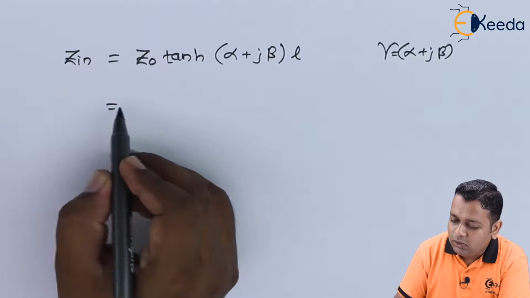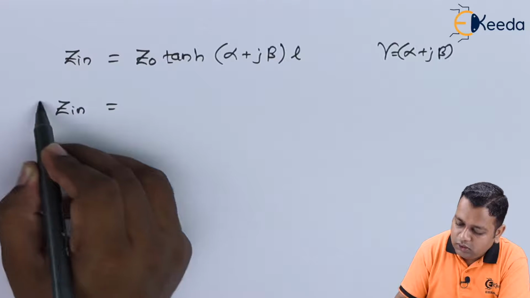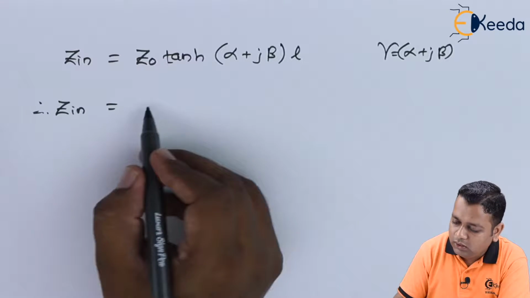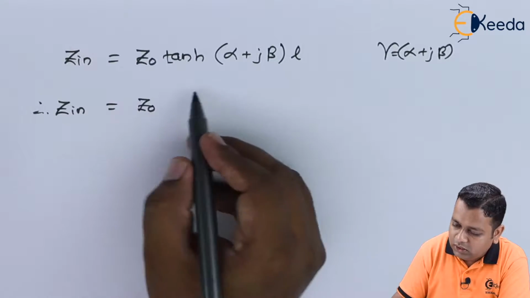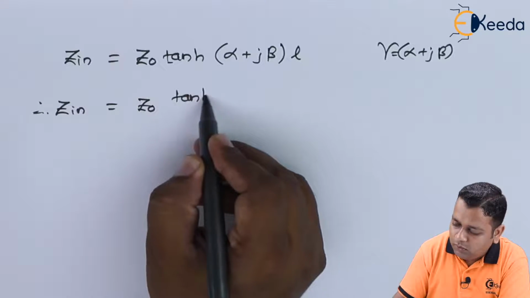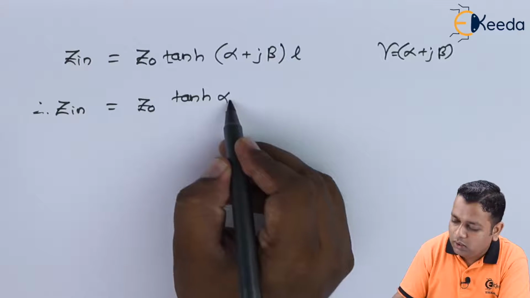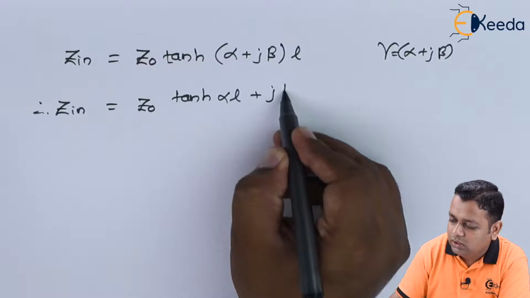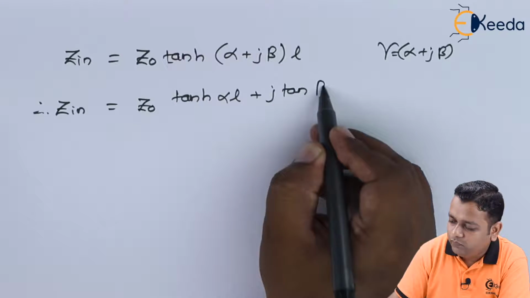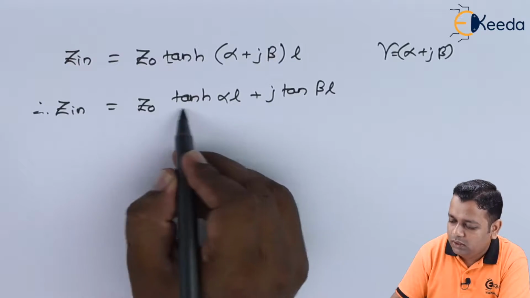We can further express the input impedance Zin as Z0 multiplied by the hyperbolic tan function of alpha L added to j times the trigonometric tan function of beta L.